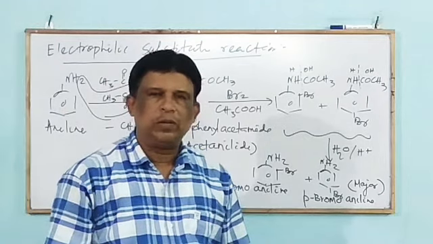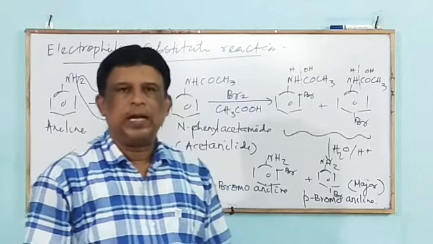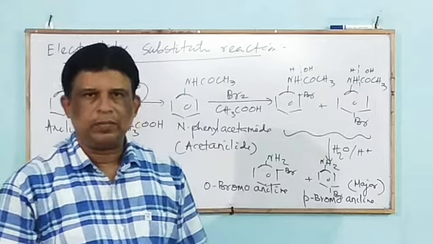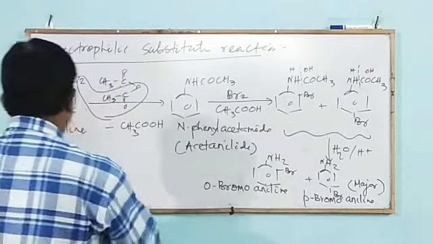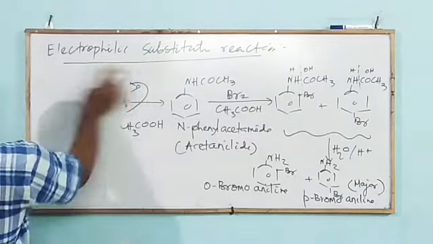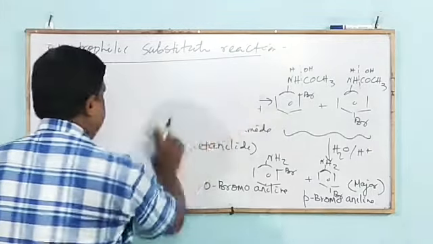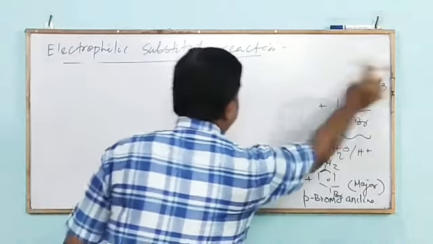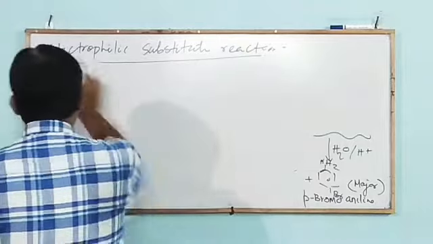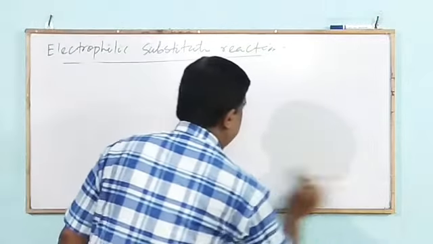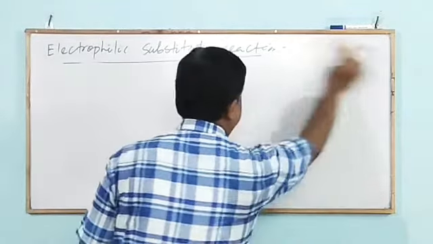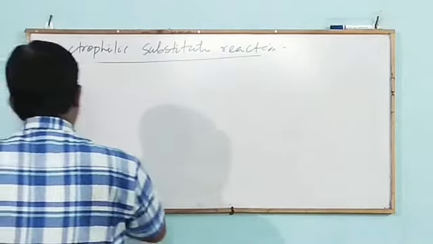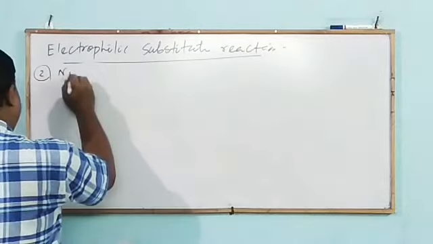It is about halogenation. Next is nitration. Mark that. Next property is nitration. Direct nitration of aniline is not possible due to two difficulties.